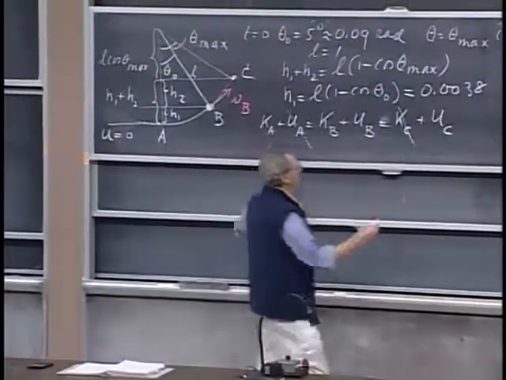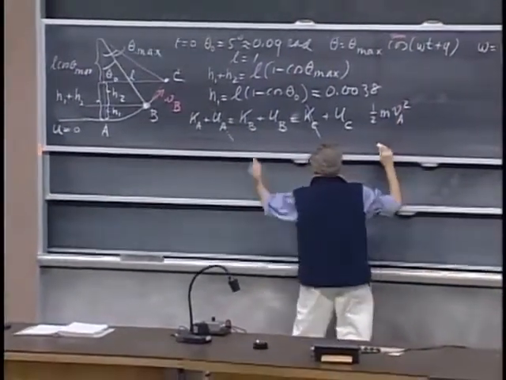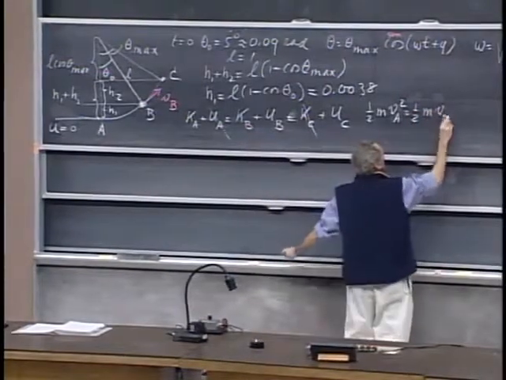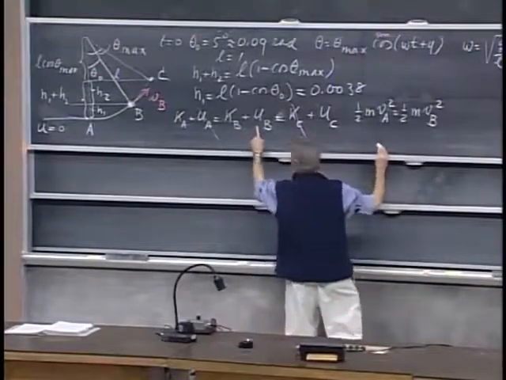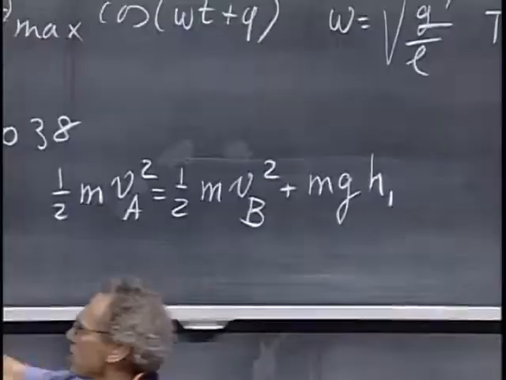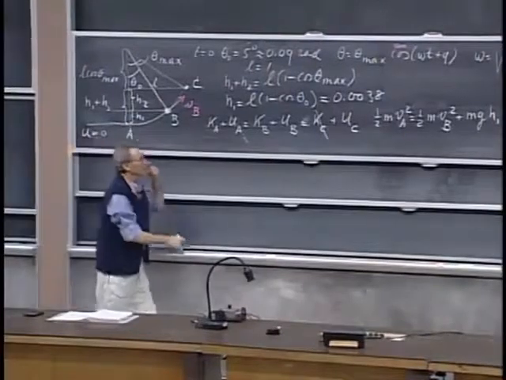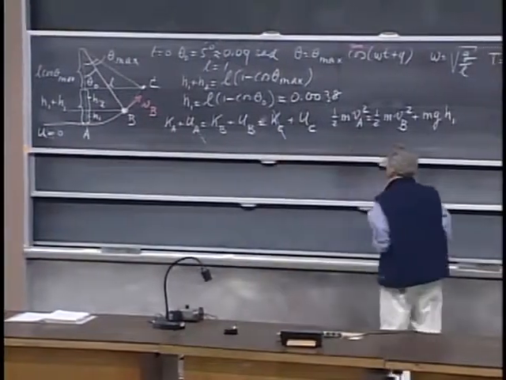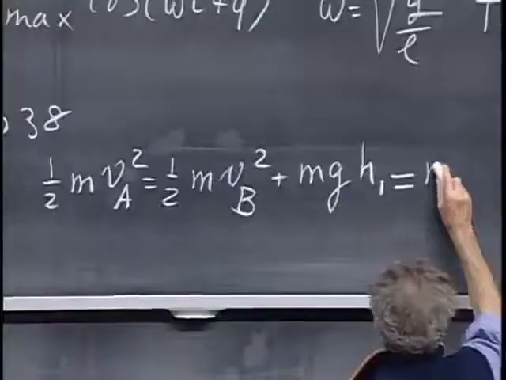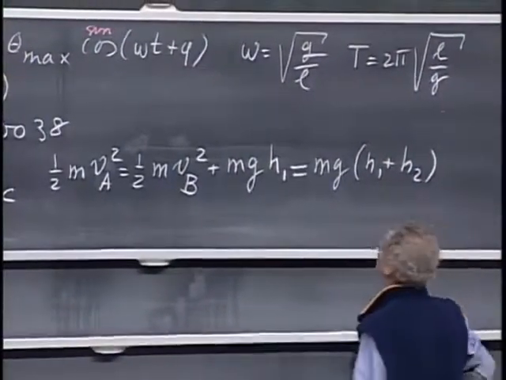So now we can write down that 1/2 m VA squared equals 1/2 m Vb squared plus mg times h1, that is the potential energy at point B. It's higher than this point A, vertical separation h1, and that equals the potential energy at point C, which is mg times h1 plus h2.